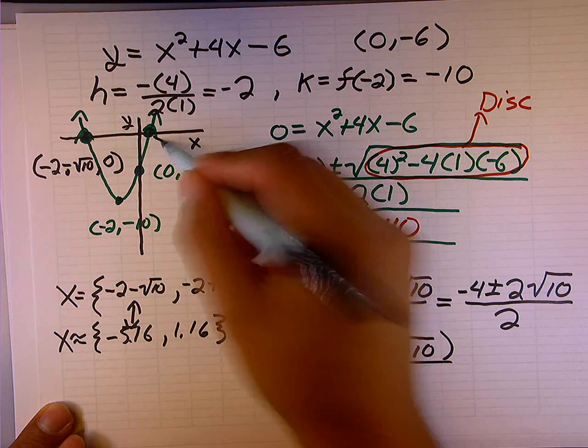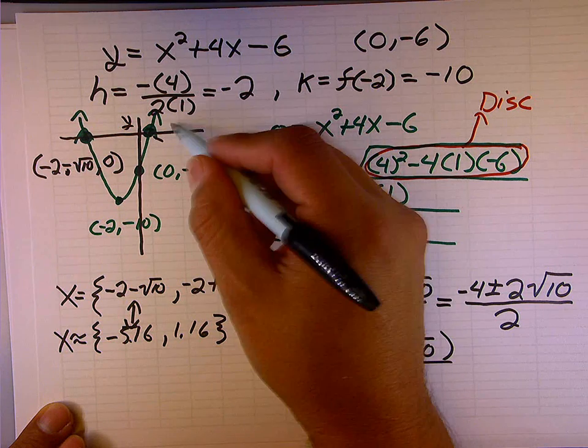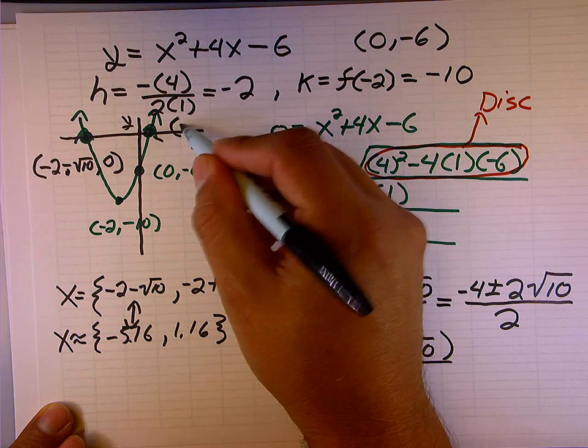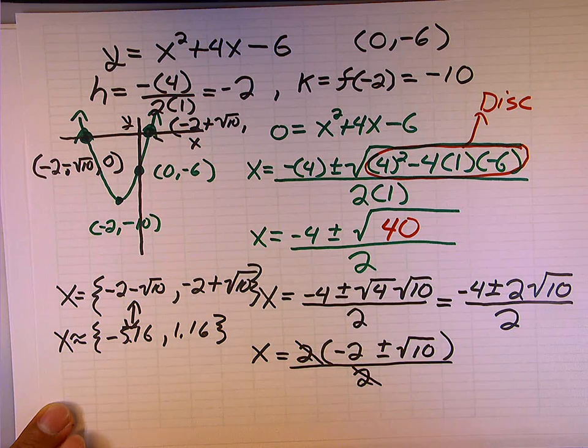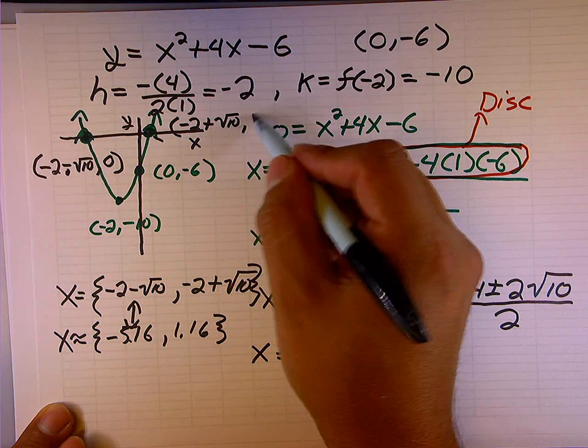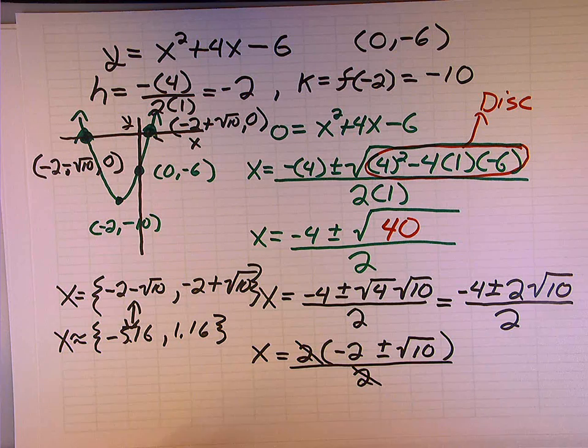This point, the x value, let me write it up here, is -2 plus the square root of 10. The y value is 0, and my graph is fully labeled with the vertex and all intercepts. So far, so good?